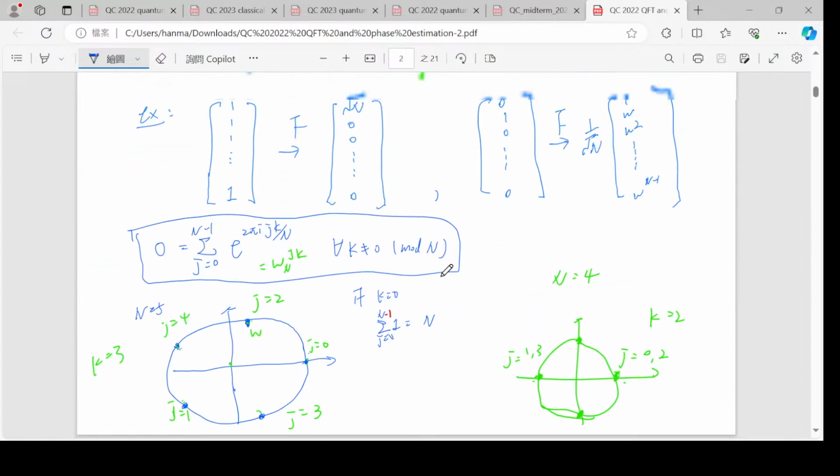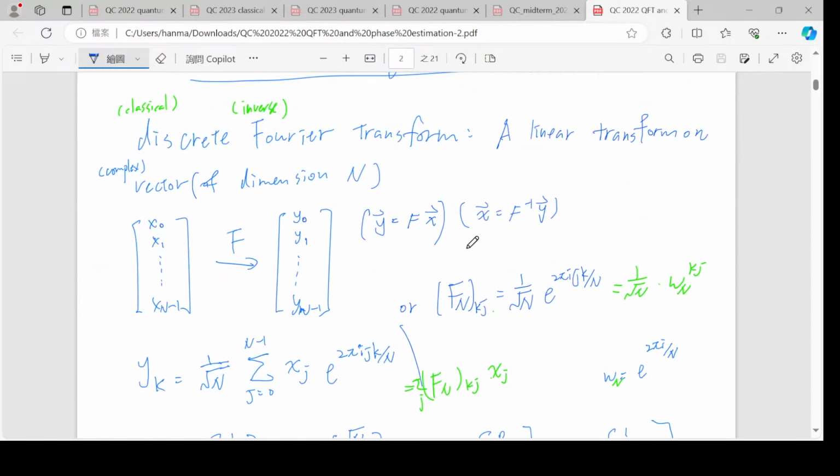But also, if you want to talk in more mathematical terms, you are viewing this vector in different bases, and you transform back and forth between two different bases by this Fourier transform matrix. Okay, so this Fourier transform matrix is a unitary matrix, and when you apply this unitary matrix, you can transform a vector to its Fourier transform.